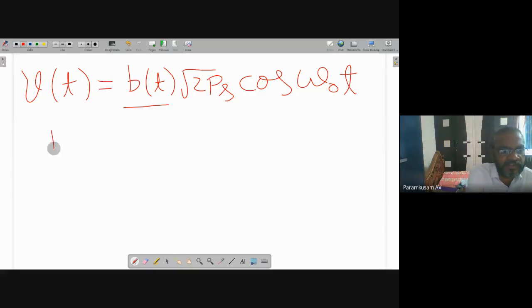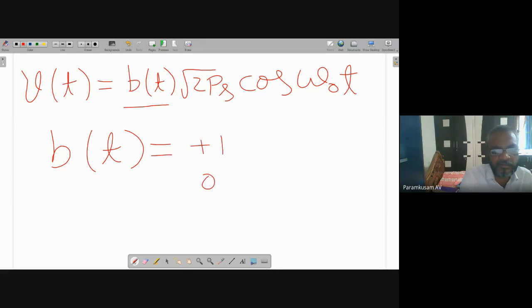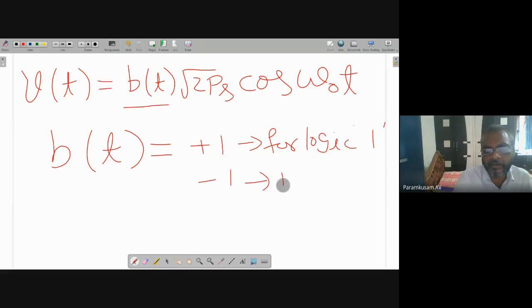Where B of t is equal to +1 or -1, +1 or -1 for logic 1 and for logic 0.